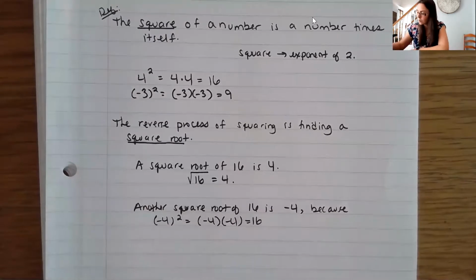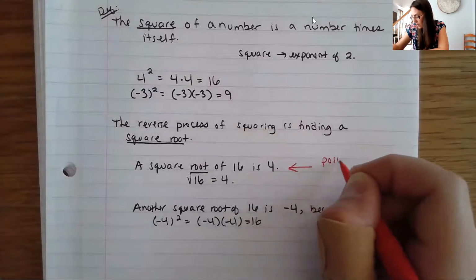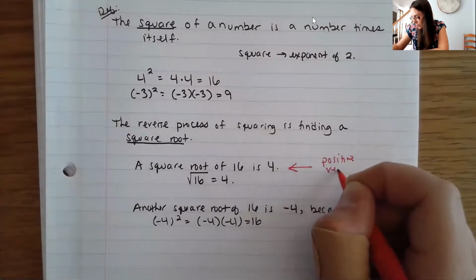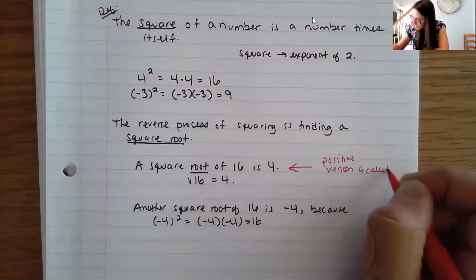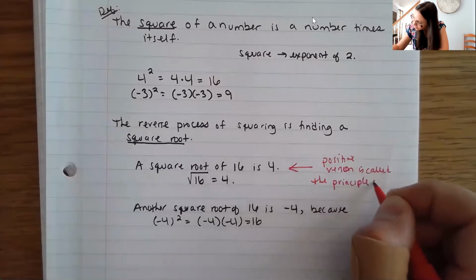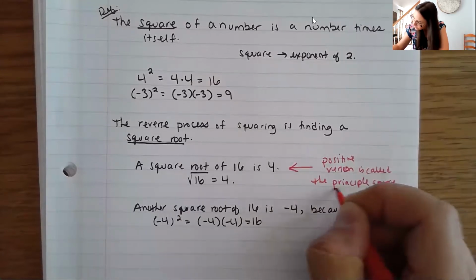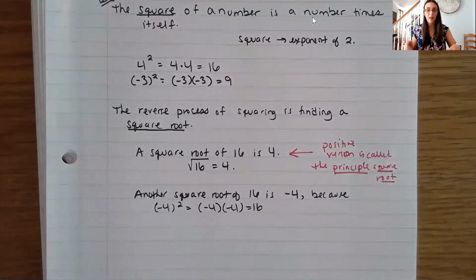However, I will tell you that the positive version is called the principal square root, and that is typically the one that we are given.